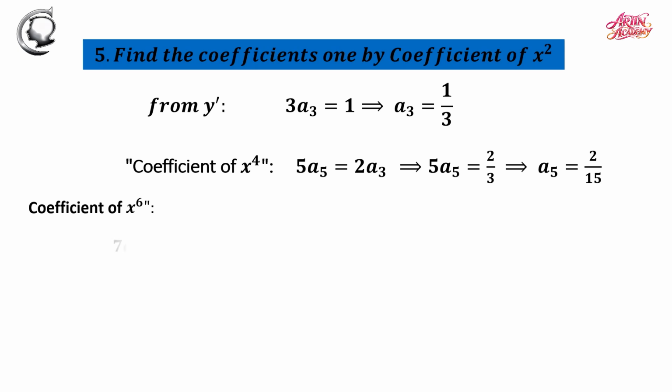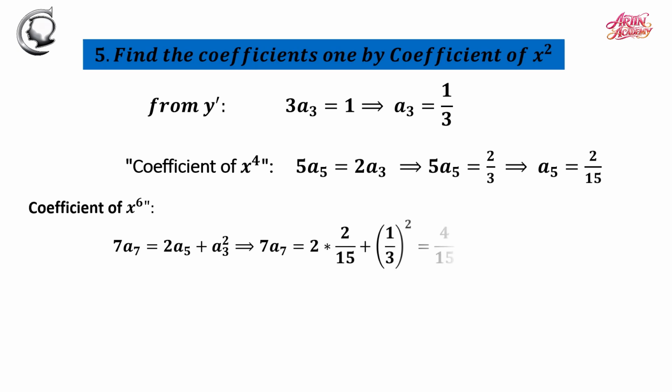Now compare the coefficients of x to the sixth. 7a sub 7 equals 2a sub 5 plus a sub 3 squared. Substitute a sub 5 equals 2/15 and a sub 3 equals 1/3. Then 7a sub 7 equals 2 times 2/15 plus 1/3 squared.